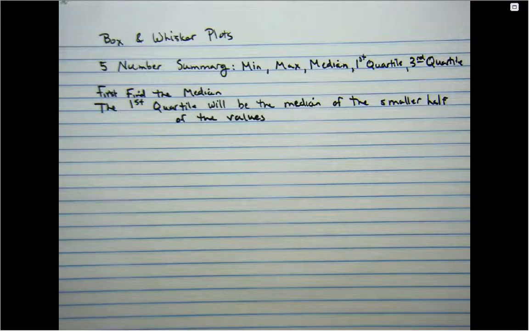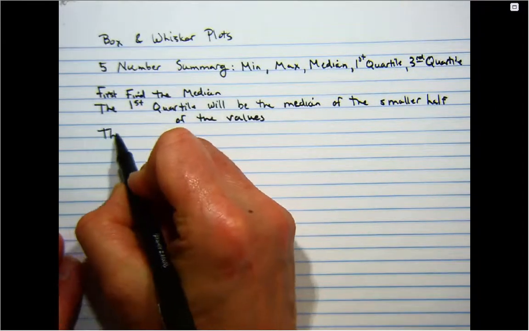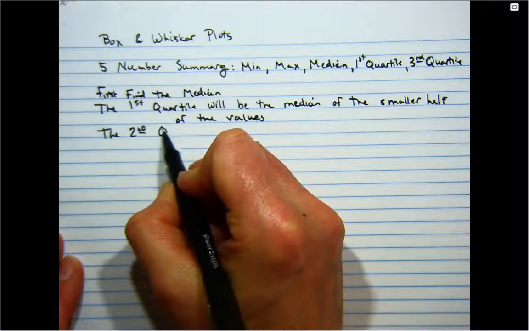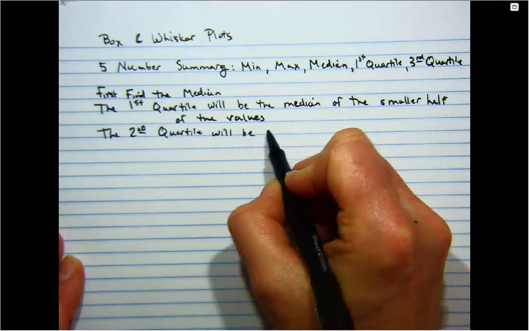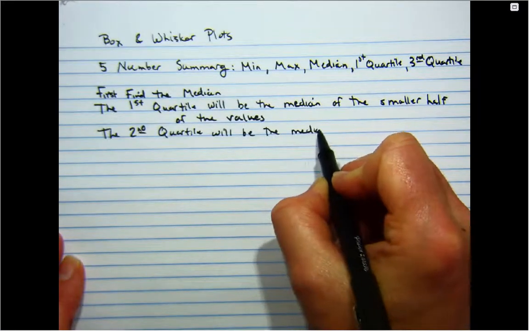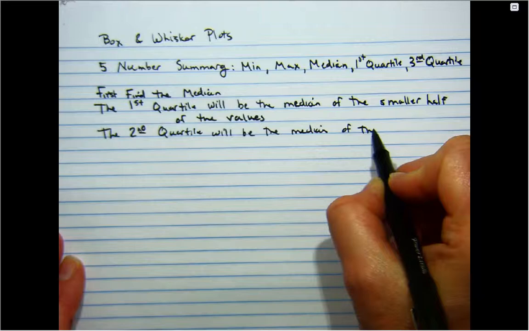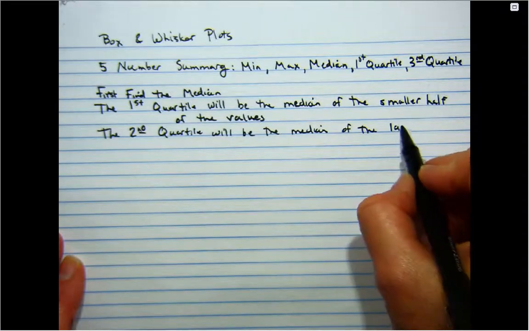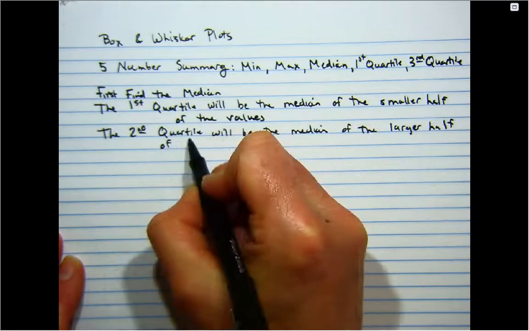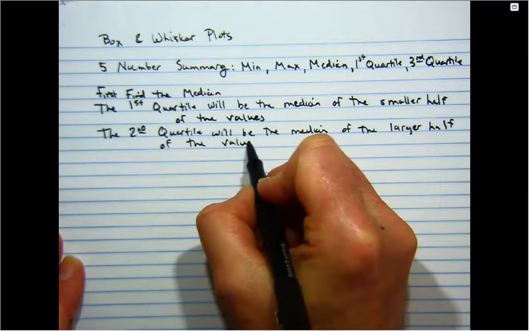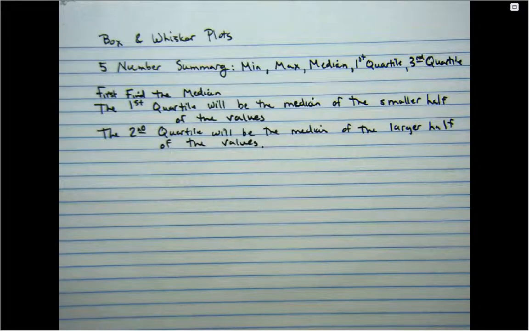The third quartile will be the median of the larger half of the values. So we're just finding the median, and the median splits the data in half, and then we're splitting the two halves in half, finding the medians again.